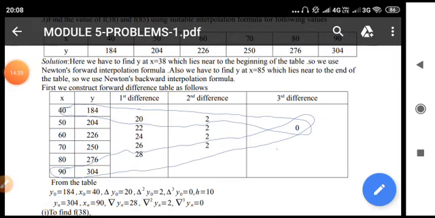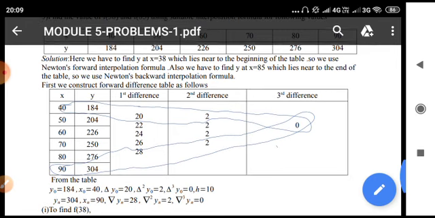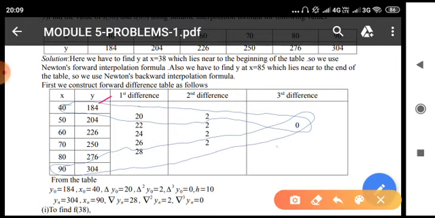For Newton's forward interpolation formula, we require the values at the top of each column. That is, y0 is 184, x0 is 40, delta y0 is 20, delta square y0 is 2, delta cube y0 is 0.